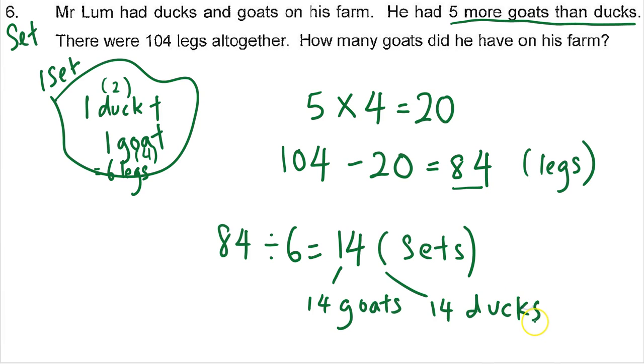But that's not all, right? They asked for how many goats there are. So if you think the answer was 14 goats, then you are wrong. Because remember in the question, we took off the 5 extra goats. So with these 14 goats, we are going to add the 5 extra goats back to give you your final answer, 19. So that's the answer for question number 6.